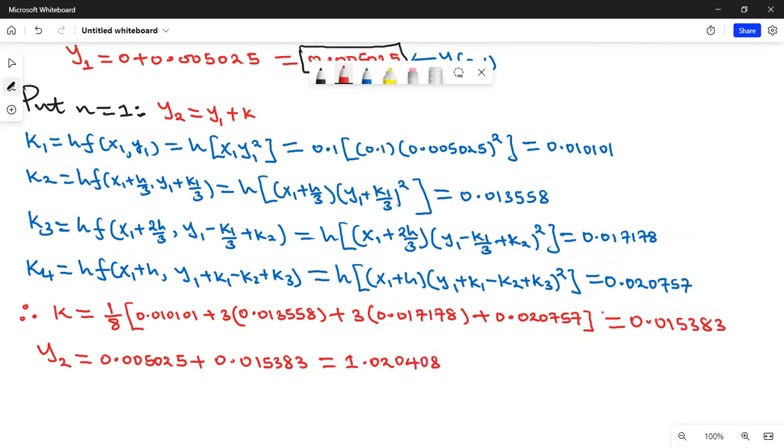That is correct to 6 decimal places. So this is the value of y when x is 0.2. So that's what you are required to find, and we have found the value correct to 6 decimal places.